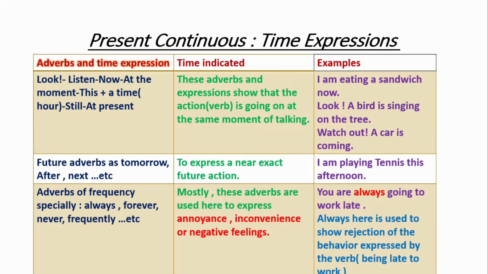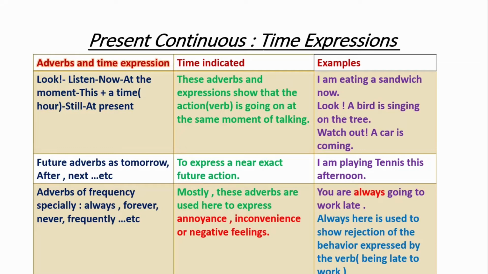We use these adverbs with the present continuous in order to show annoyance, inconvenience, a negative feeling, or anger about the meaning indicated by the verb or the repetition of the verb in the sentence.